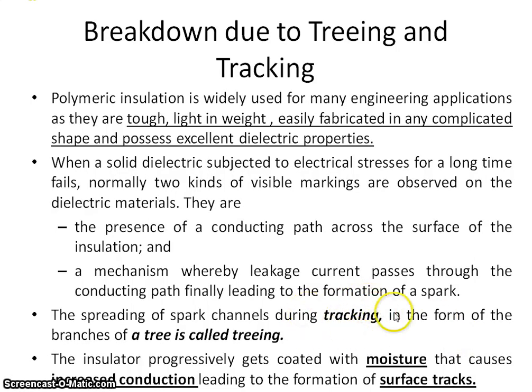Now this tracking is in the form of the branches of a tree. We already discussed that the tracking is formed in the form of a tree, and that is why it is called treeing.